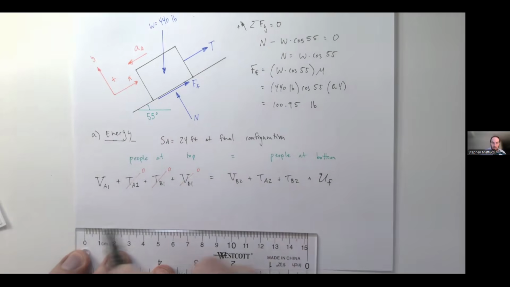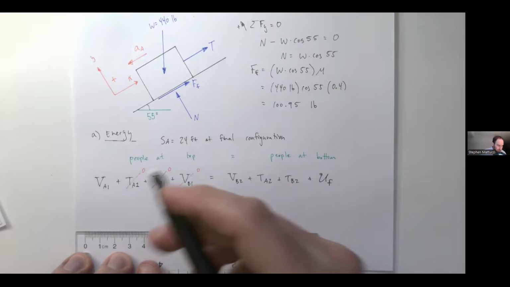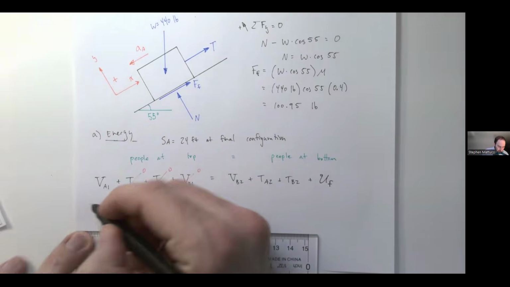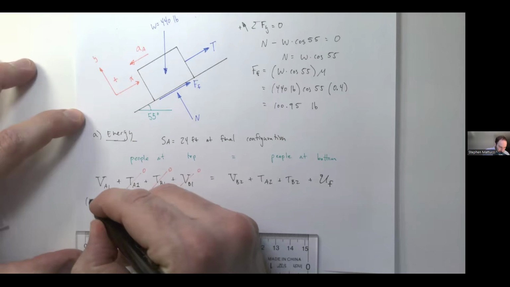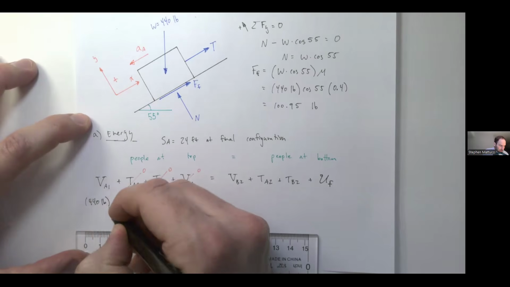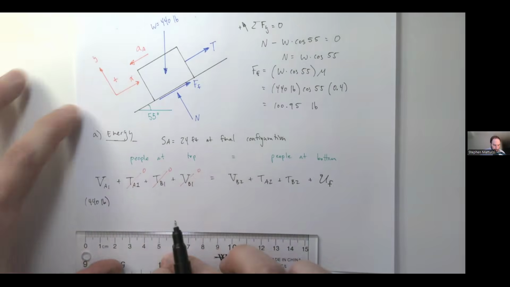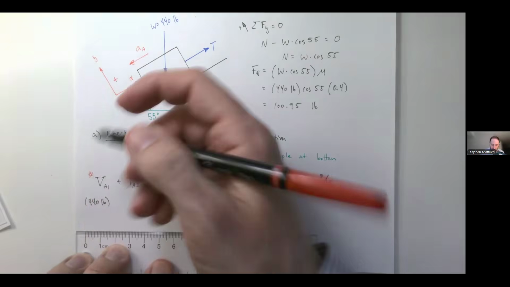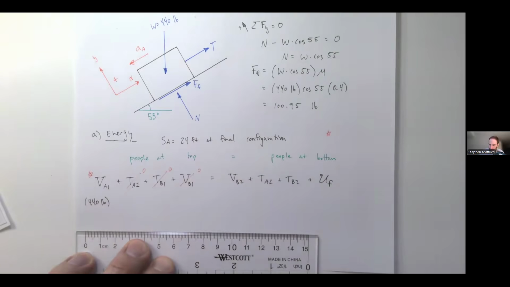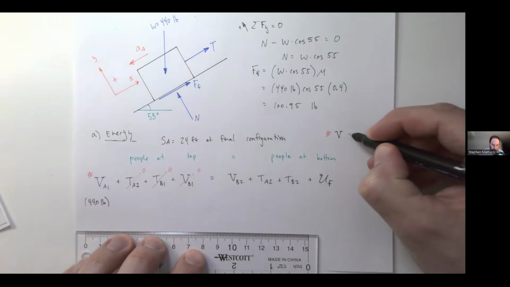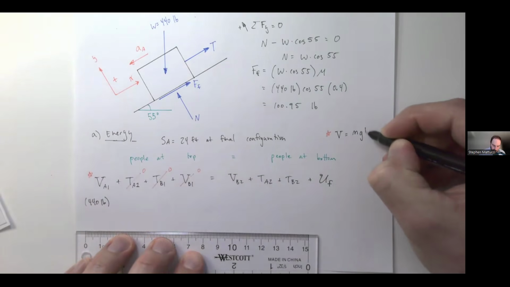Okay, so now let's figure out the energy of each of these terms. So we've got 440 pounds. And this is this term here. Maybe I'll do this off to the side up here. Potential energy is equal to mgh.